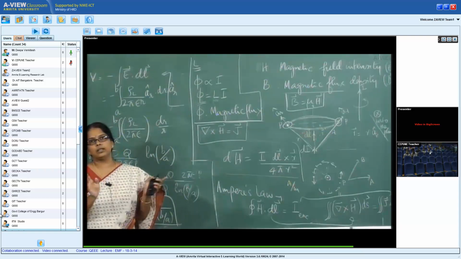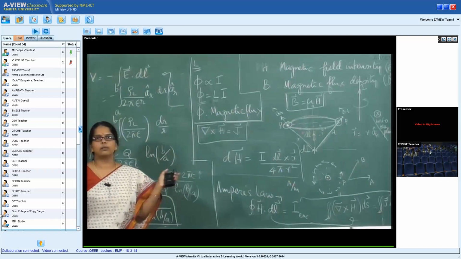Again, this is for magnetostatics, which means that we are not considering any time variation of electric field or magnetic field yet.